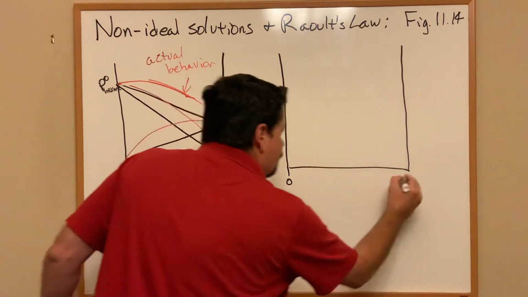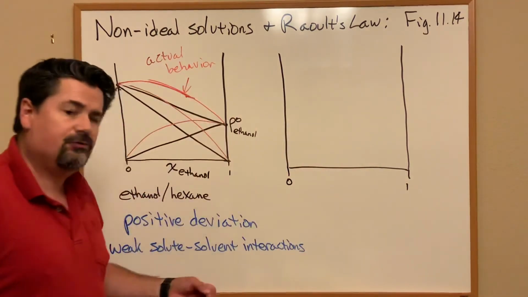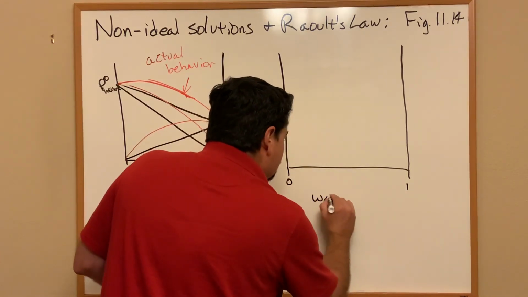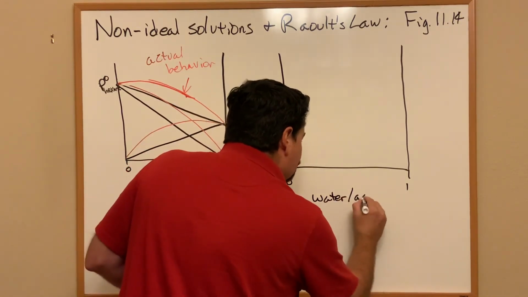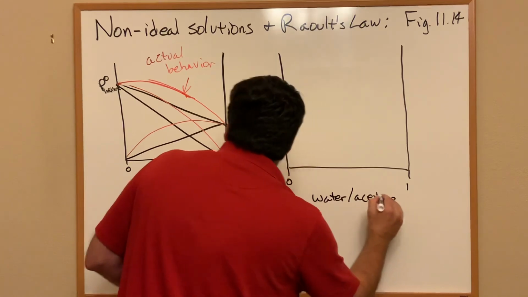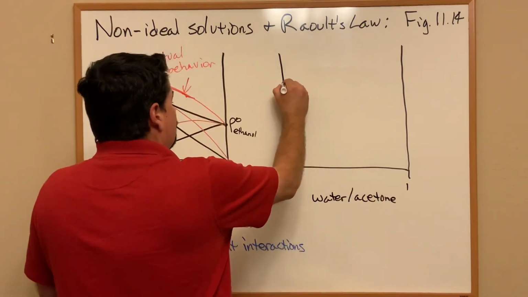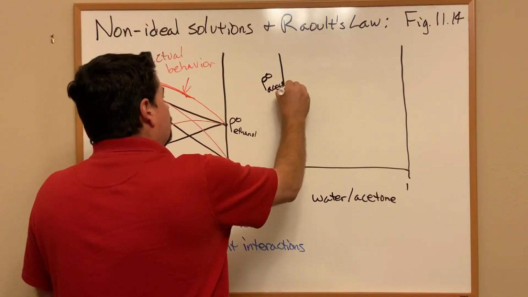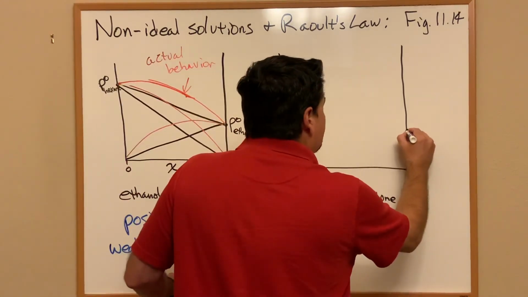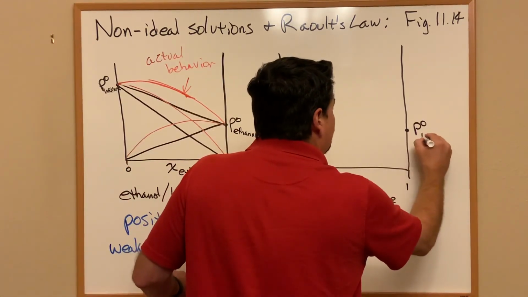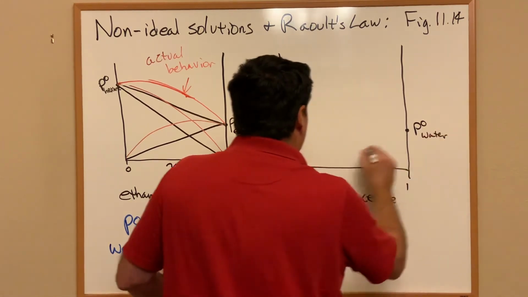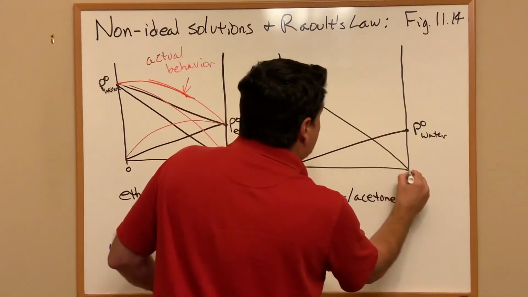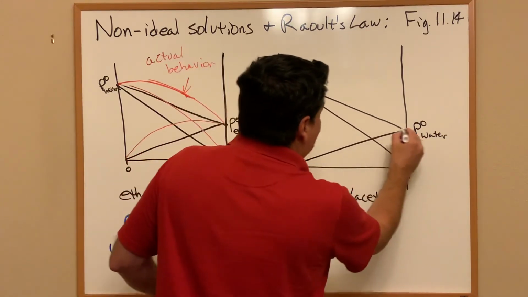Now, we can do the same thing for other systems that show the opposite deviation, the negative deviation, like water and acetone. And so we'll have P naught acetone, and then here we've got P naught water, and we'd expect things to be like this.